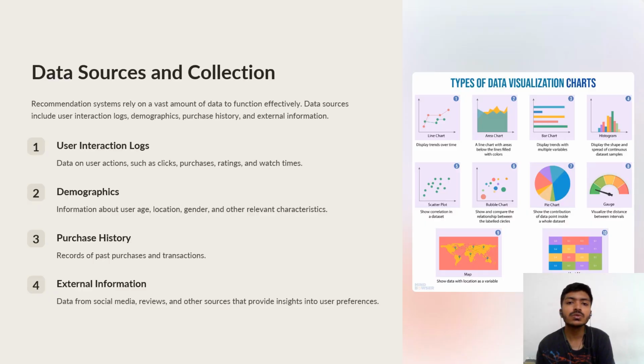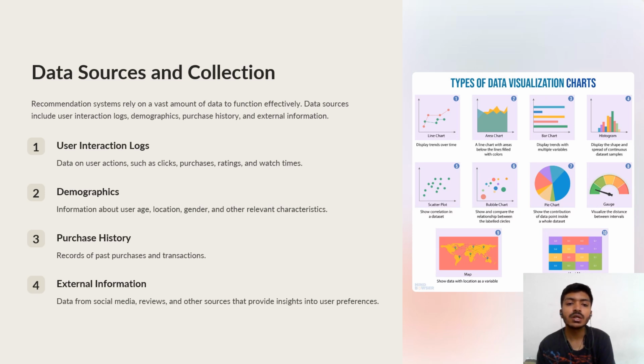Moving on to data sources and collection. Data is the lifeblood of recommendation systems, which provides them the necessary information to generate personalized recommendations. The recommendation systems rely on a vast amount of data to function effectively. These data sources include user interactions, demographics, purchase history, and external information.